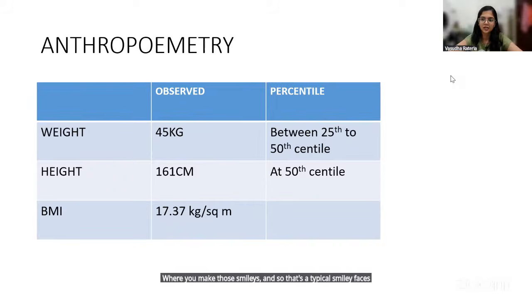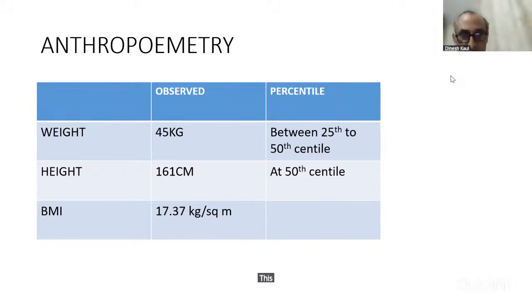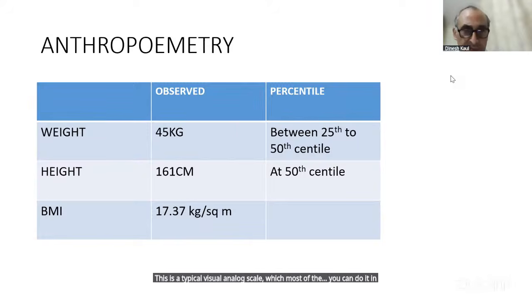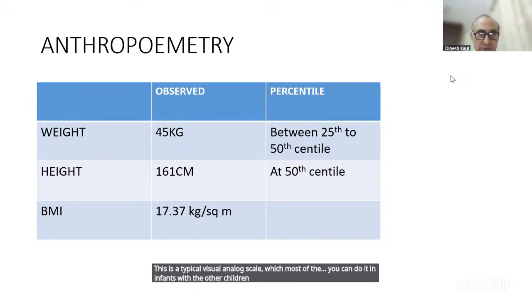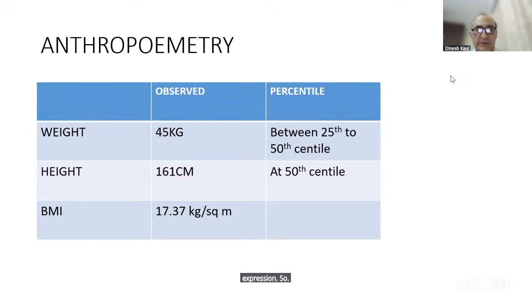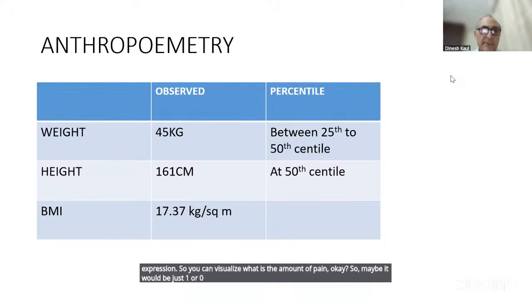Visual analog scale, which you can do in infants, other children, and adults also, on the basis of their facial expression. So you can visualize the amount of pain. Maybe it would be just 1 or 0 as the pain score. As you go higher up, the pain score is more.